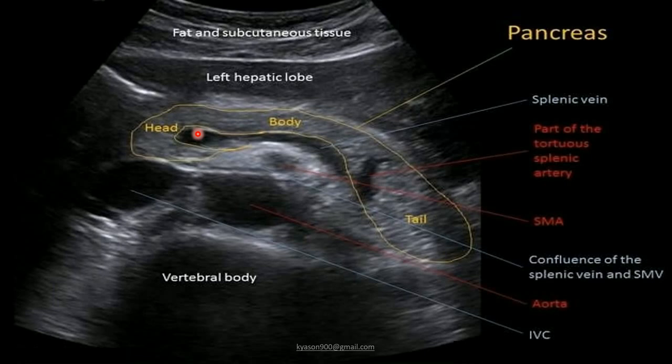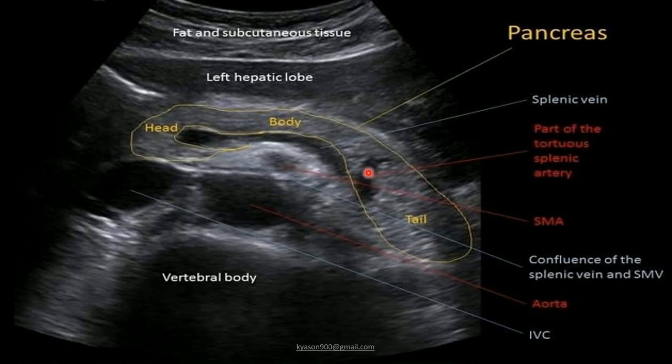Then behind the body, we have the abdominal aorta, and also the superior mesenteric artery, distinguished by its unique relationship with this fatty tissue. It's around it, and it's going to appear bright around our artery. Then of course the tail, you can see it there.